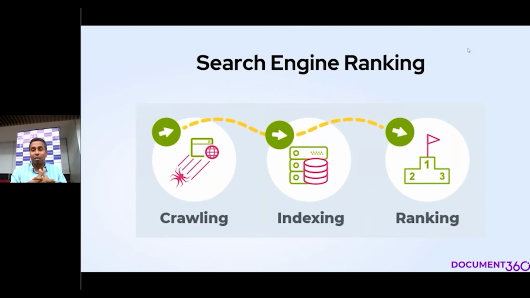Their fantastic algorithm is called PageRank, which gives importance to how many external links are going outwards and how many internal links are coming inwards, and also gives a lot more preference to how you write the content, and more importantly, to the right kind of keywords being used. And this is very important because if you know the know-how of all the algorithms, then you know how to tweak the content to boost your ranking in the search engine results.